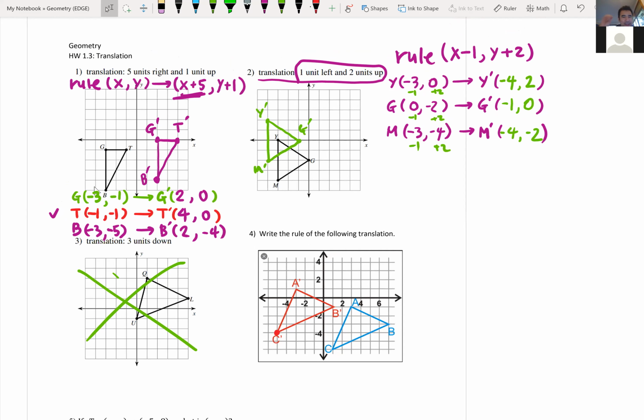Okay, number 4. Does anybody need more time to copy or write down number 1 and number 2? Number 3 is pretty much the same type of problem, so we're going to skip that one. Okay. Number 4.